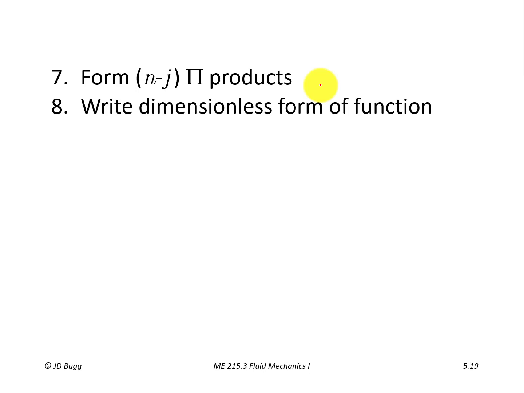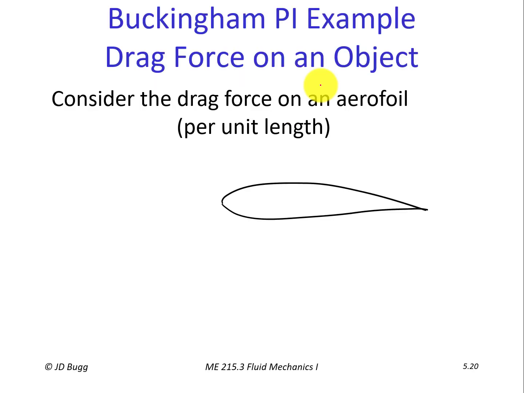Now, it's very important to realize dimensional analysis is not going to tell us what that function is. It's going to tell us what form the function should take, or the most efficient way to express that function in terms of groupings of variables that form dimensionless groups. Now, this 8-step procedure is much, much easier to see and understand if we do an example or an illustration. So that's what we're going to do.